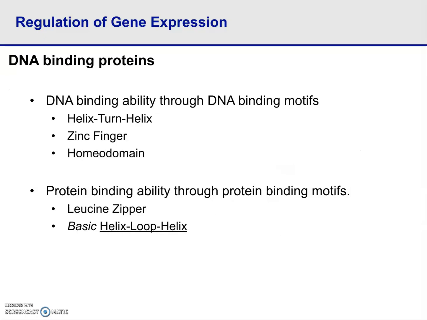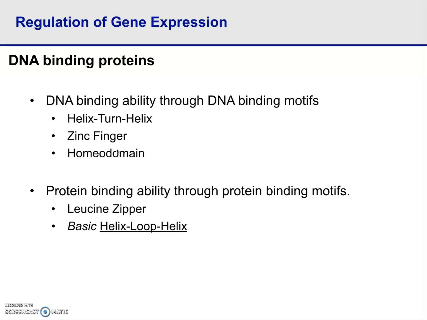Now, let's talk a little bit about the types of DNA binding proteins and what type of motifs are observed in proteins that associate with DNA. Proteins that associate with DNA can either associate only with DNA or they can associate with DNA and proteins.